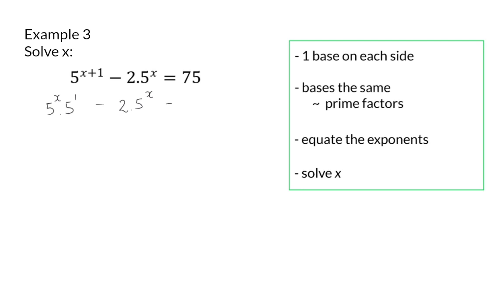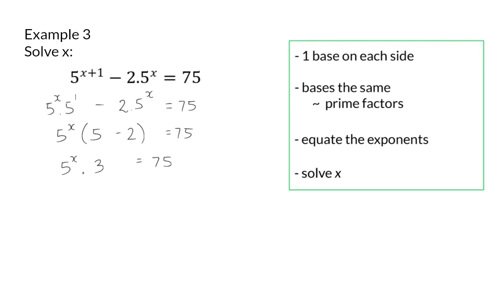To change the left-hand side into one term, I'm going to take out a common factor of 5 to the power of x, and we'll have left 5 to the power of 1 minus 2. That bracket can now be simplified to multiplied by 3.